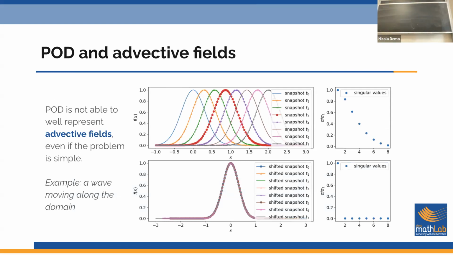You have all these points, but if your discrete space is not regular, you are not sure that moving forward by a certain quantity you are evaluating the two different snapshots at the same coordinates, so in the same space.